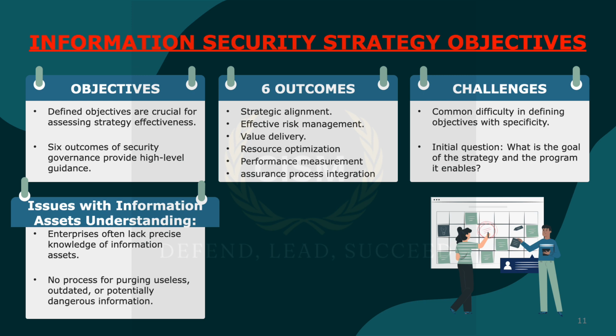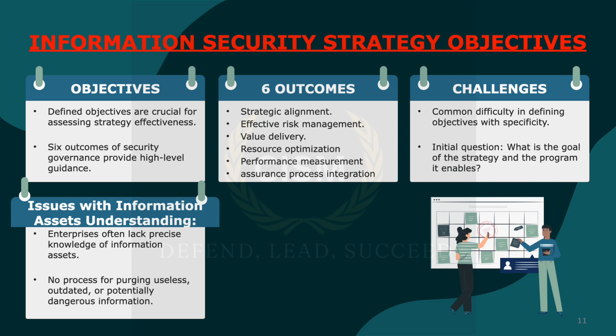Friends, under the issue with the information asset understanding, it says that enterprises often lack precise knowledge of information assets, with no processes for purging useless, outdated, or potentially dangerous information.